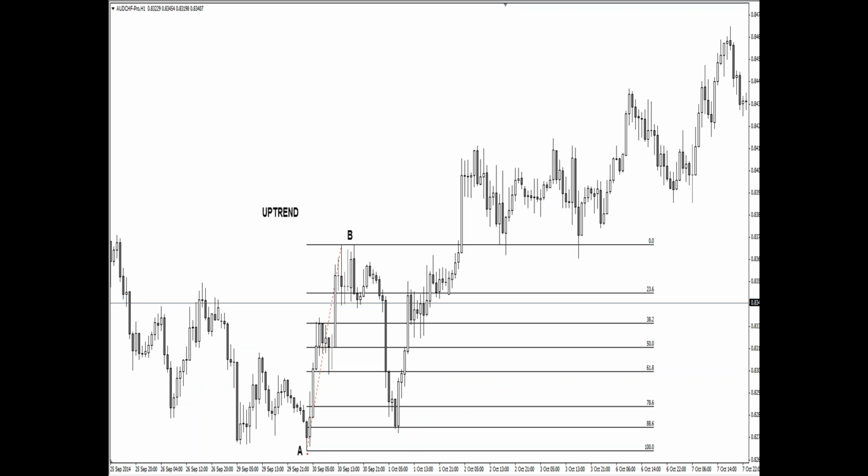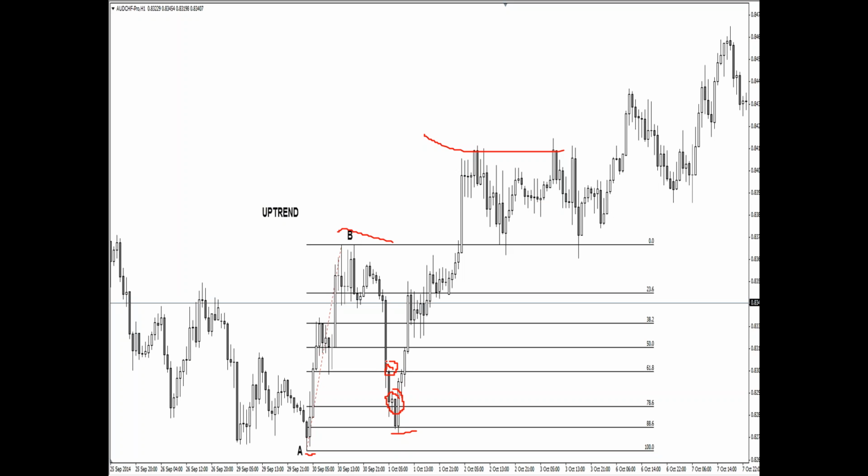Uptrend from point A to point B. Look at 88.6 in this example. From A to B, guys. A, B, C, D. 88.6. Watch at 78.6 reaction. And watch reaction 61.8.